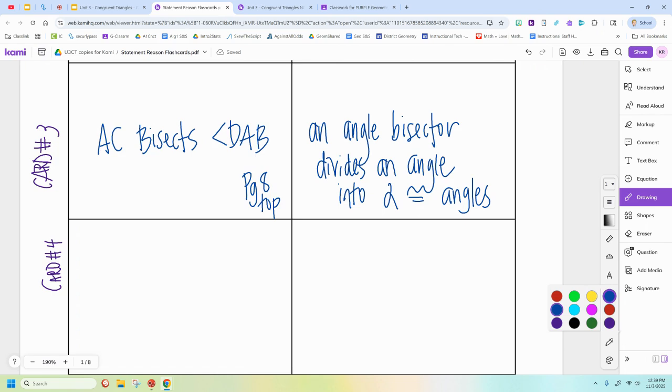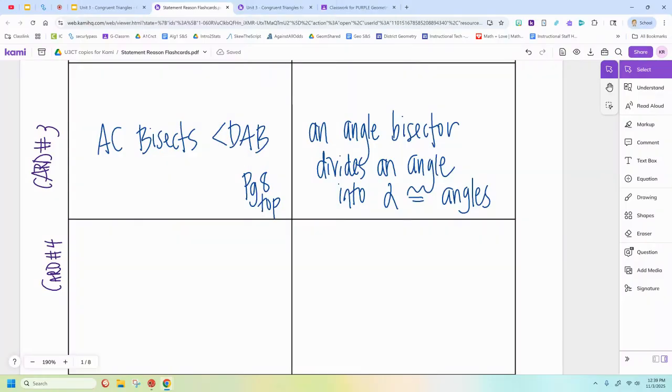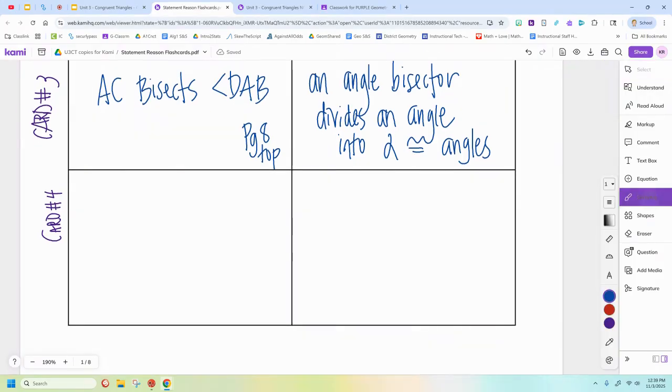Okay. So now we're going to do one for perpendicular bisector. So card 4 is going to be, let's see, the wording was, it doesn't really matter, but BD is the, and so this is where you might ask, what are the key words?